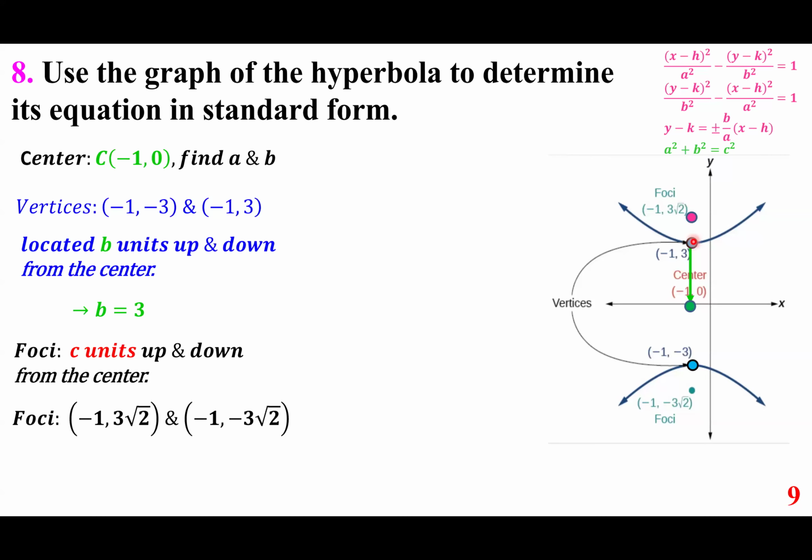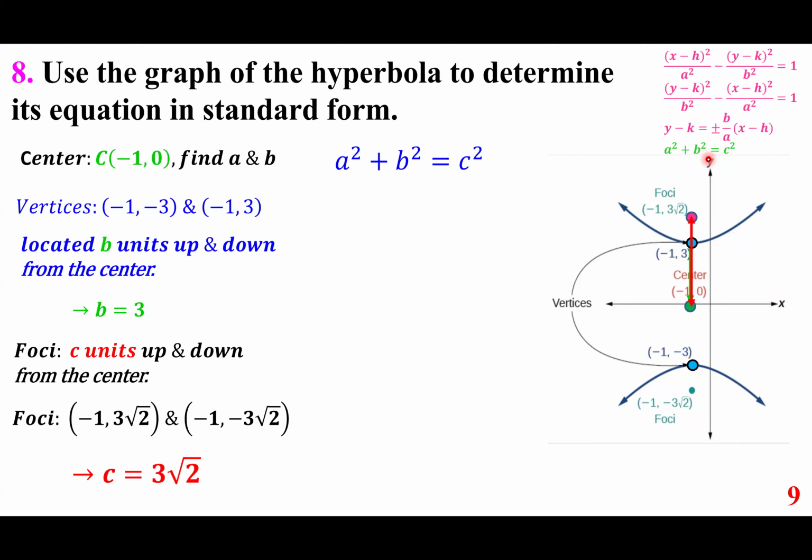And so this distance from the center to one of those foci, that is c. And this distance is given, because this is located at 0, this distance is given as 3 square root of 2. And no matter what, a squared plus b squared is c squared. Always, because c is always larger than both a and b in the case of a hyperbola.